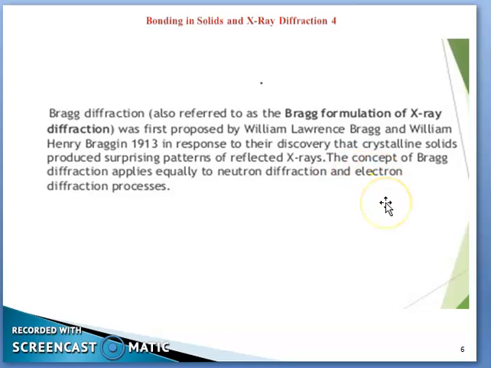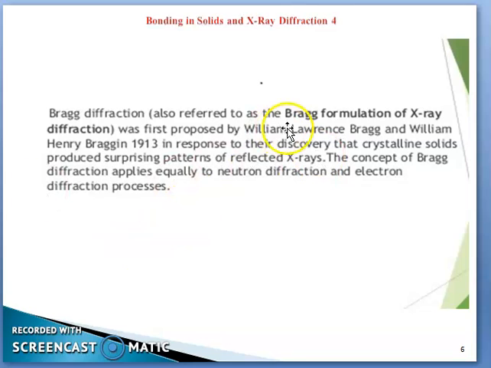The concept of Bragg diffraction applies equally to neutron diffraction and electron diffraction processes. See, in 1913, they first proposed that the crystal has a surprising pattern and it can be studied by using the reflected X-rays.